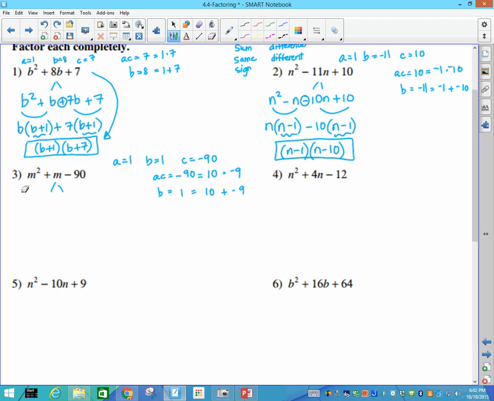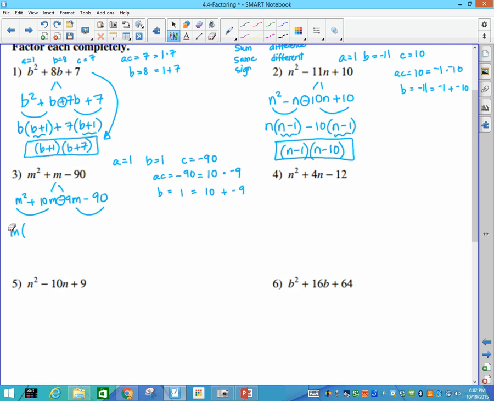So when I break it up, I'm going to write m squared plus, this b is allowing me to break up that middle term, okay? M squared plus 10m minus 9m minus 90. Again, I'm grouping 2 by 2, okay?